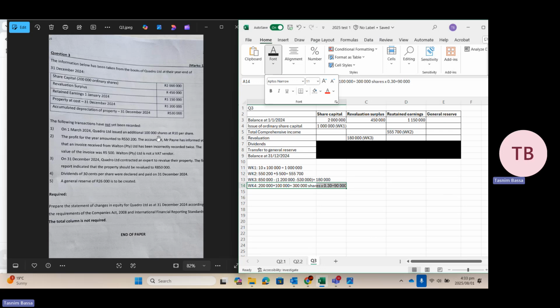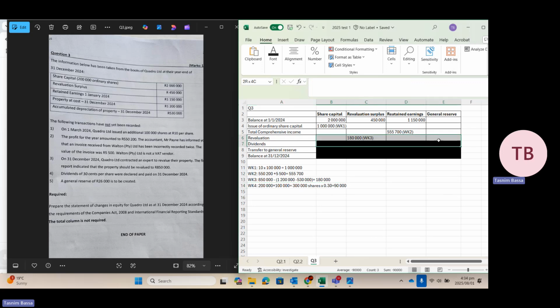So in total, they would have 300,000 shares in issue. 300,000 times 0.3 gives you 90,000. So the dividends that was paid was 90,000. And when you pay dividends, it comes out of your retained earnings. So minus 90,000 in the retained earnings column.